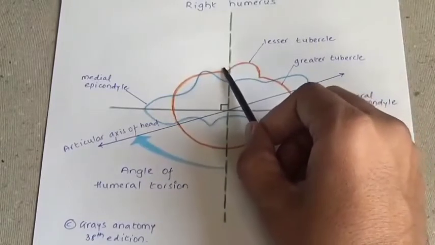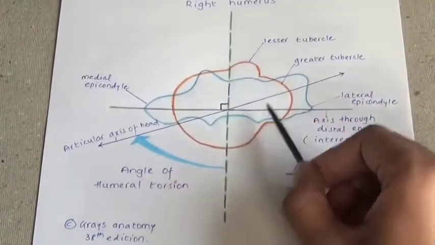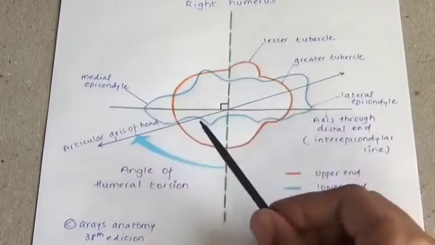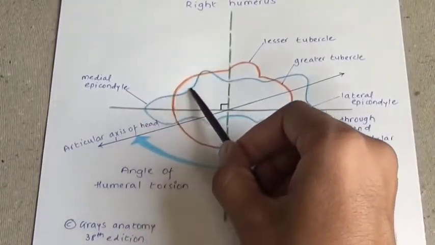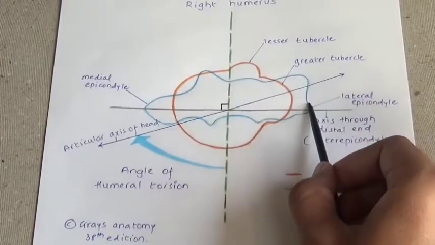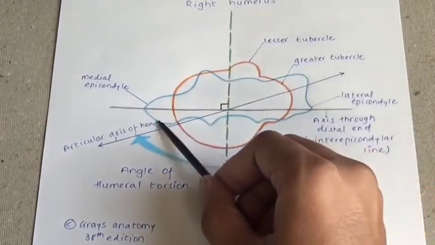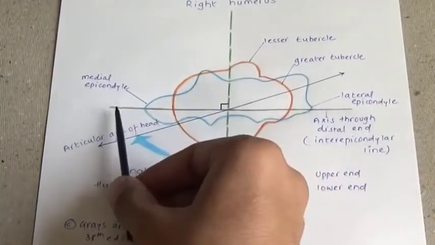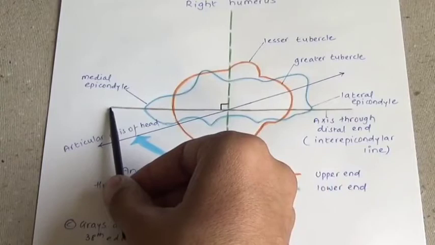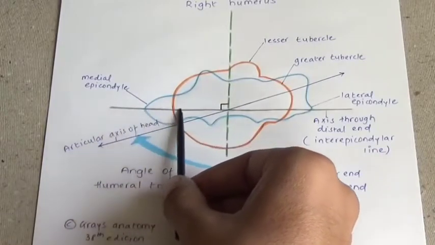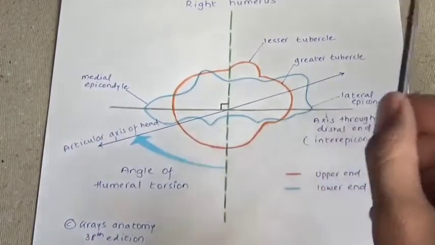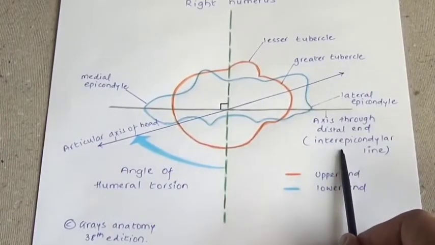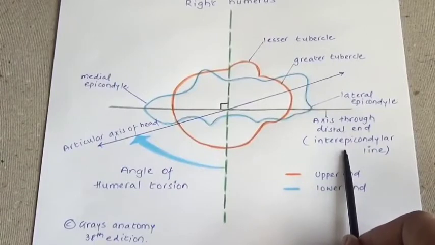What you can see is the head of humerus, lesser tubercle, greater tubercle showing the upper end, whereas medial epicondyle, outline of trochlea, capitulum, and lateral epicondyle belong to the lower end. Now there are certain axes drawn. When you draw an axis passing from the tip of the medial epicondyle to the tip of the lateral epicondyle, it is termed the axis through the distal end, or the interepicondylar line.